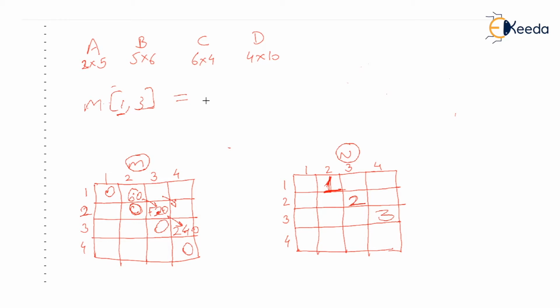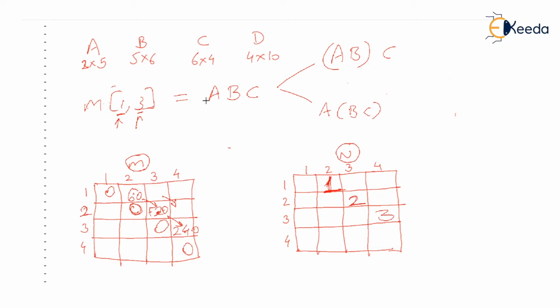I hope you are understanding. That means we are given ABC, three matrices. And we are asked that if you are supposed to multiply ABC, in which order you should multiply. Now you know that there are two orders possible. You can either do AB and then multiply it with C, or you can first do BC and then multiply it with A. These two are the orders.